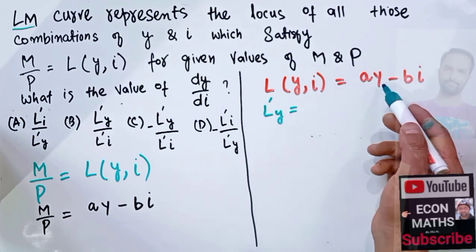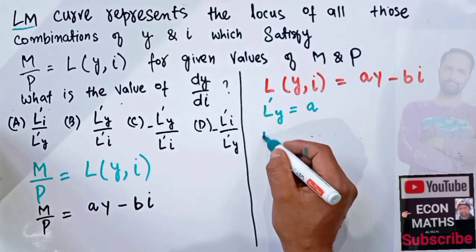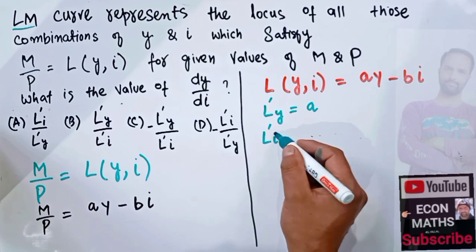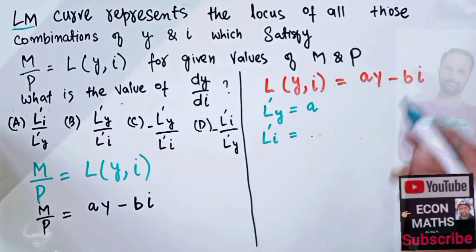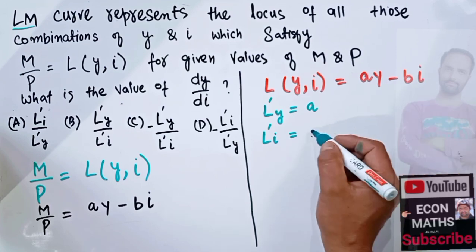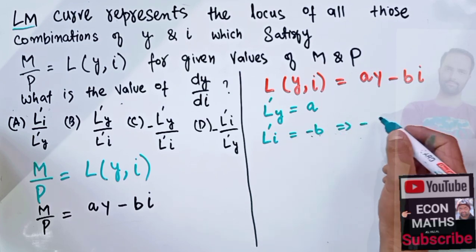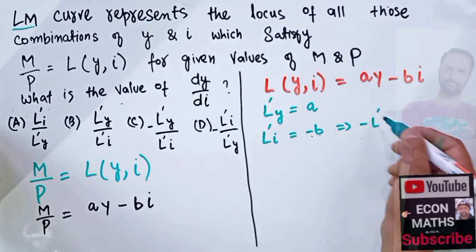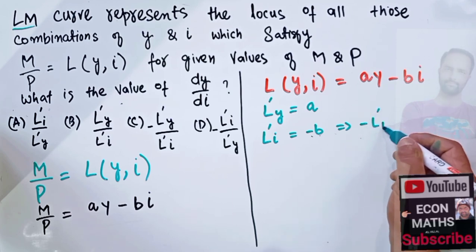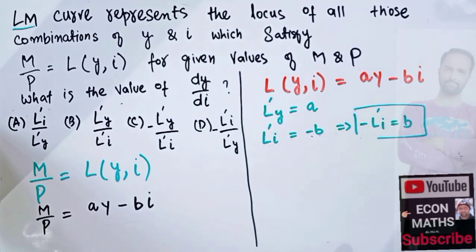The derivative of y will be 1, so we are left with a. Similarly, L dash I denotes the partial derivative of this function with respect to interest rate. The derivative of I is 1, so we are left with minus b. And this I can write in this fashion, minus L dash I is equal to b. Let's keep these in mind.